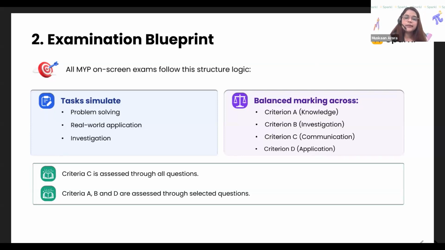Can you see the questions? Please give me a thumbs up if the poll is visible to everyone. All right. Yeah, I can see you guys have started attempting.